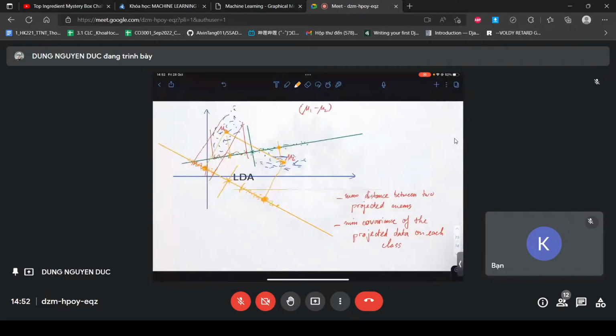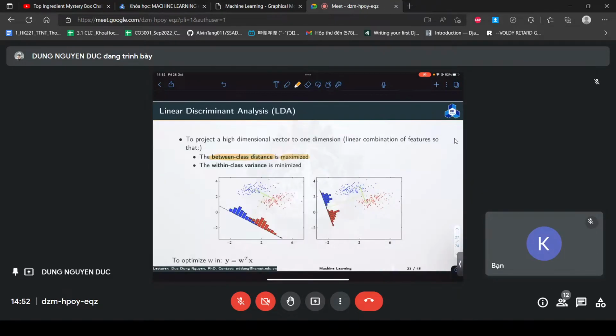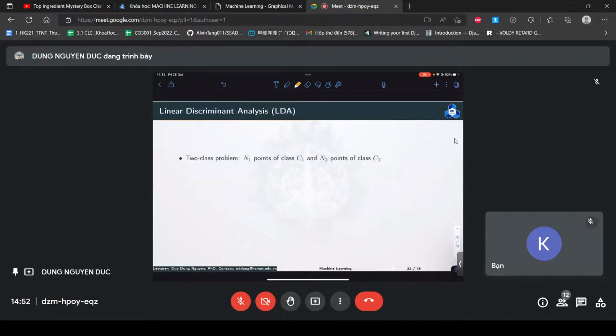This criteria, the maximum distance between two projected means, and the within class variance, the variance inside each class, is minimized. So when you project the data, you want your data densely distributed nearby the mean.